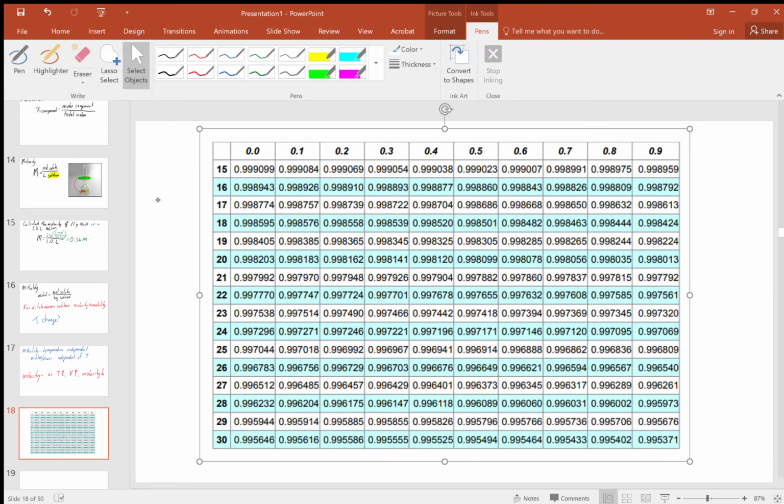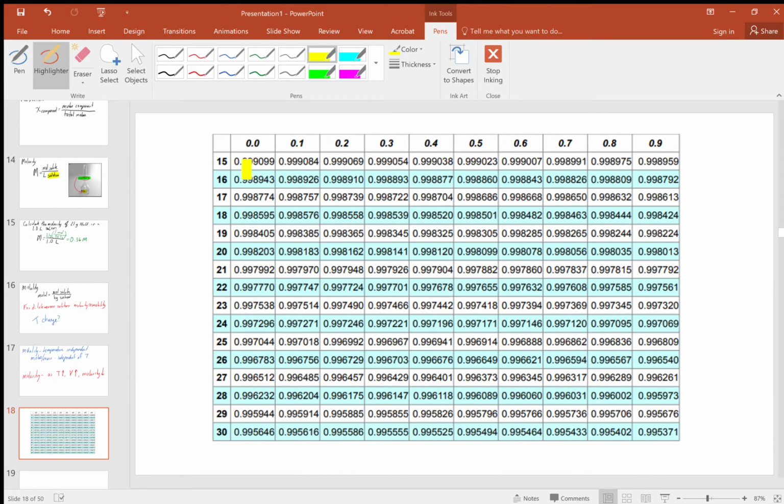So the way this table is made, this box is 15.0, 15.1, 15.2, and so on. Now, is there a huge change in the density? No, not really. You can see between 15 degrees and 30 degrees, we go from 0.999 to 0.995. So not a huge change.